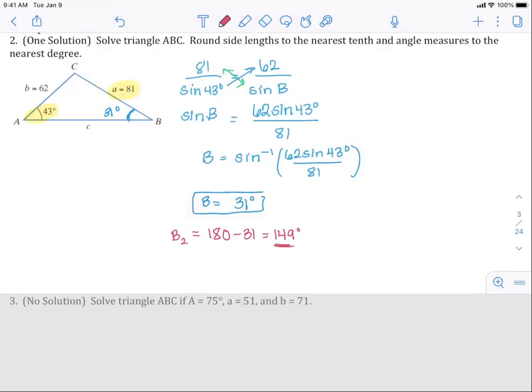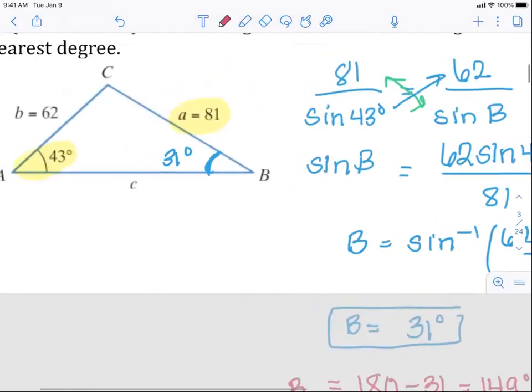Yeah, you've already busted the triangle with two angles at that point. So what we're saying is the second option would be that this one is 149. Okay, there's two options for angle B. We know it's 31 or it could be 149. Well, 43 plus 149 is already bigger than 180 and we haven't even done the third angle yet. That's why this doesn't work.